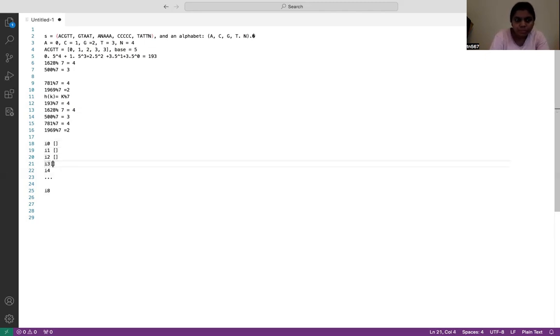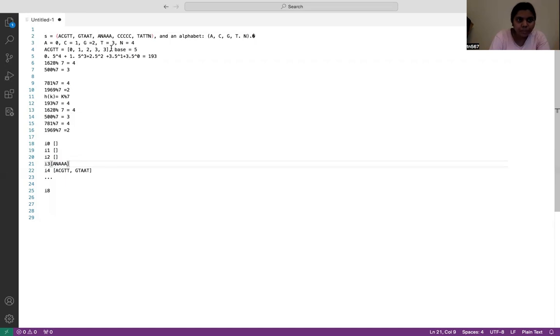The first string is placed at index 4. And the second string is also going to be stored at index 4, since its hash value is 4. The next value, the third string, which has the hash value 3, is going to be placed here.